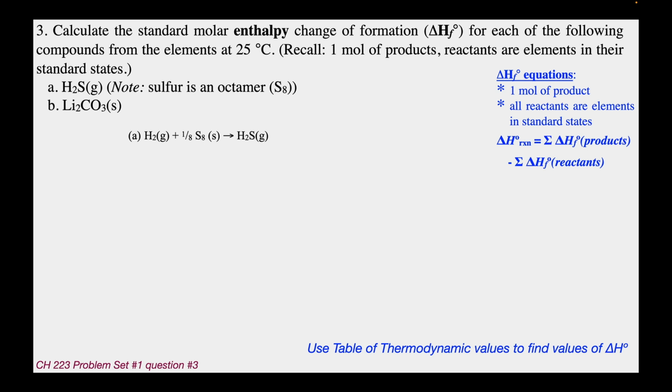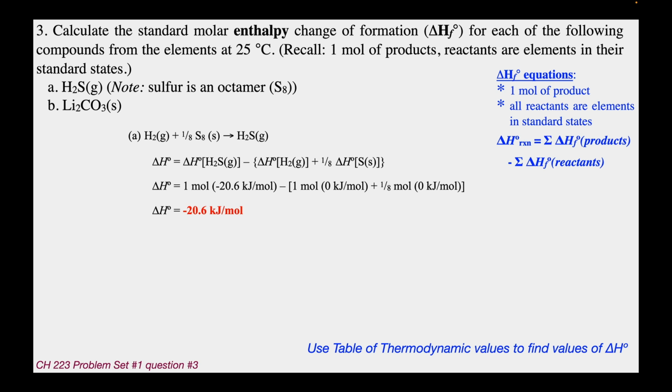Anyway, you can look up the different delta H values now in that table of thermodynamics. Products, the H2S, minus reactants, the H2 and the 1/8 of S8 value. Another thing that helps is that when it comes to enthalpy, the elements in their standard states have values of 0. So when you look up the value of H2S, for example, as a gas, it's minus 20.6 kilojoules per mole.